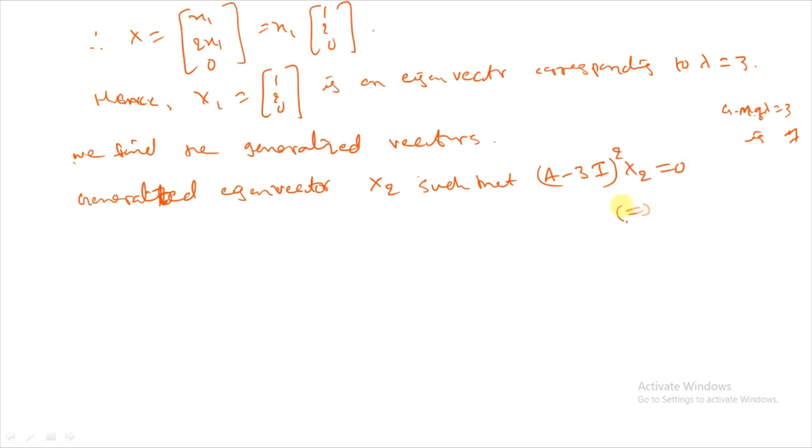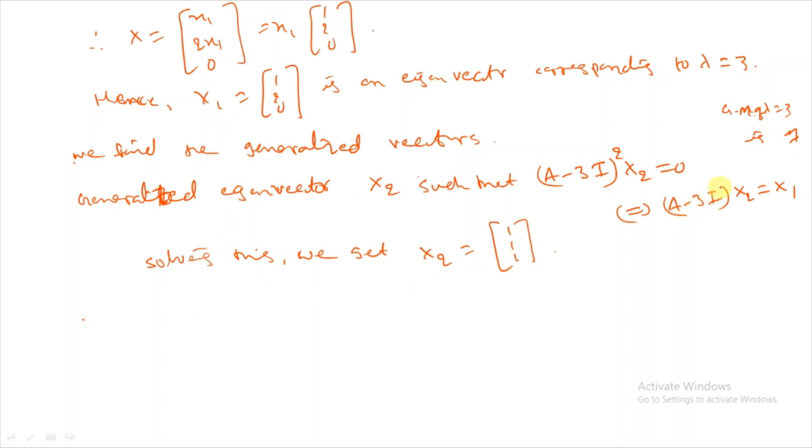But it's the same as, if and only if, (A minus 3I) x2 equal to x1. Now solving this one, we get x2 equal to 1, 1, 1.